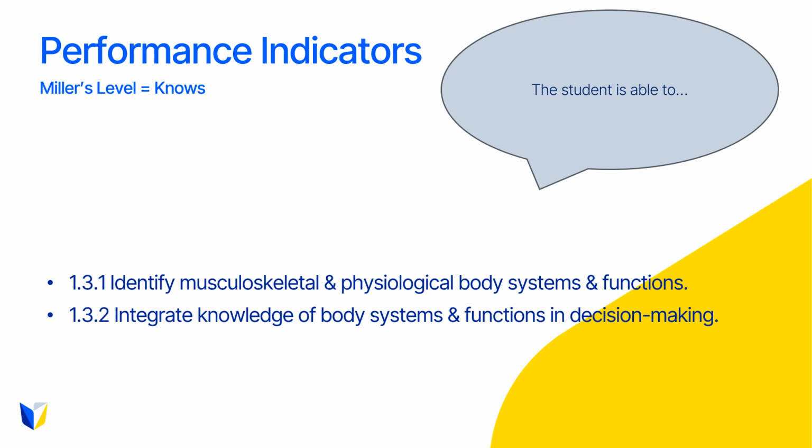So here again, put yourself in the position of asking, as you're assessing students' work, thinking about the anatomy and physiology competency, the student is able to, either one or both of these, identify musculoskeletal and physiological body systems and functions, and or integrate knowledge of body systems and functions in decision making.